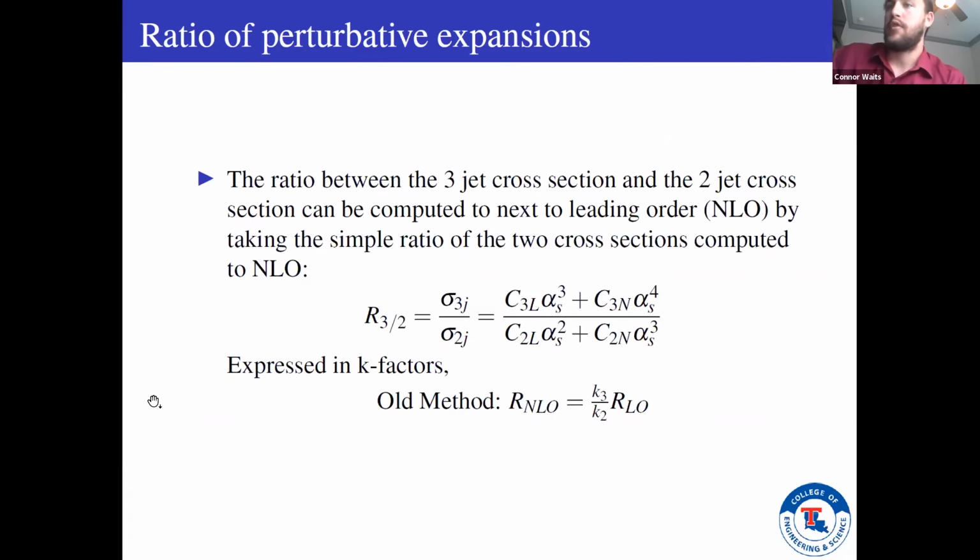And so, like I said, we take the ratio of these cross sections, and the old way of taking these ratios that is normally used is to just take the simple ratio, take the perturbative expansion from one cross section and divide it by the perturbative expansion of the other cross section in the ratio. And here it is expressed in K factors.